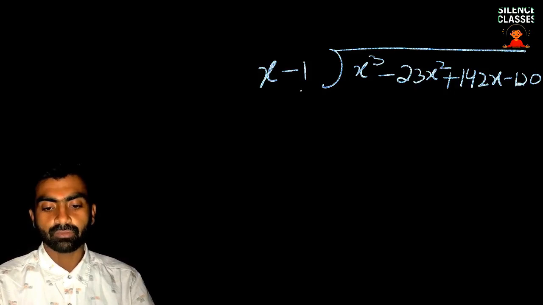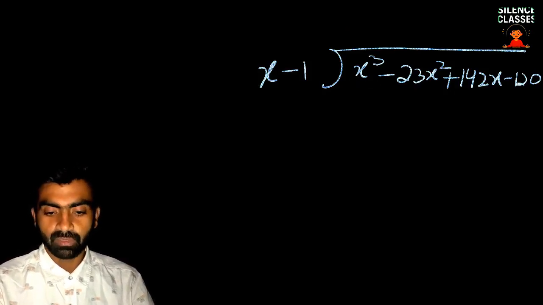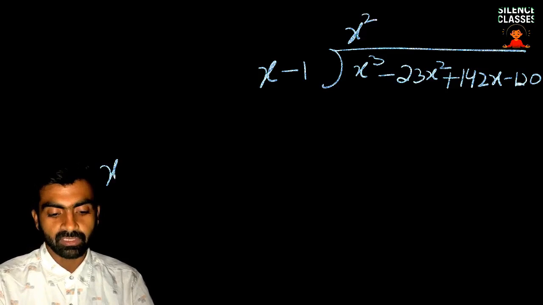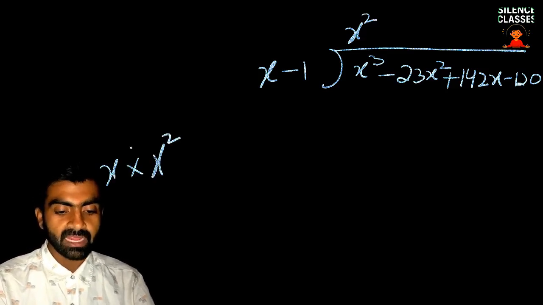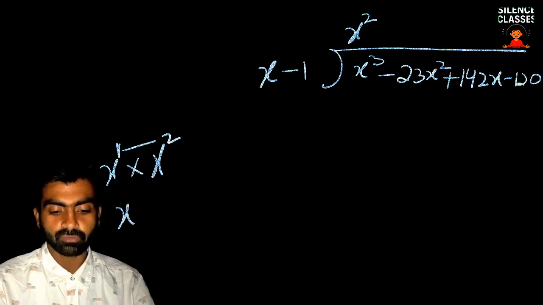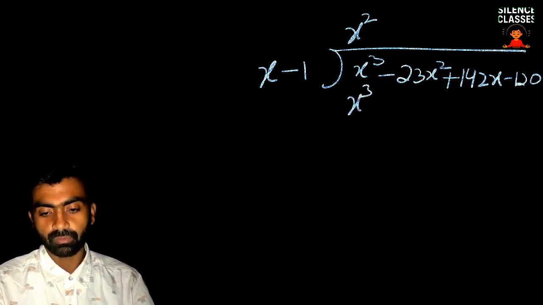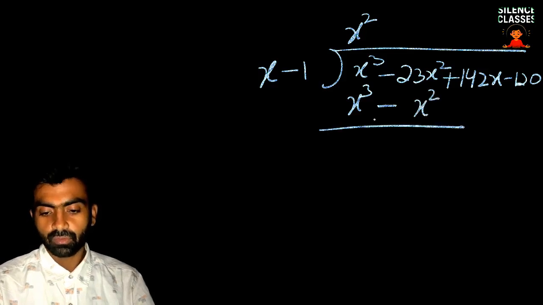So by x minus 1, what we have to get is x cube, so we will multiply this by x square. x square multiplied by x, first of all, when the base is same, we will add the powers. So over here power is 1, so 1 plus 2 will become 3. So x multiplied by x square will become x cube. We will get minus x square multiplied by 1, it will get x square. So we will say minus, we will say plus.